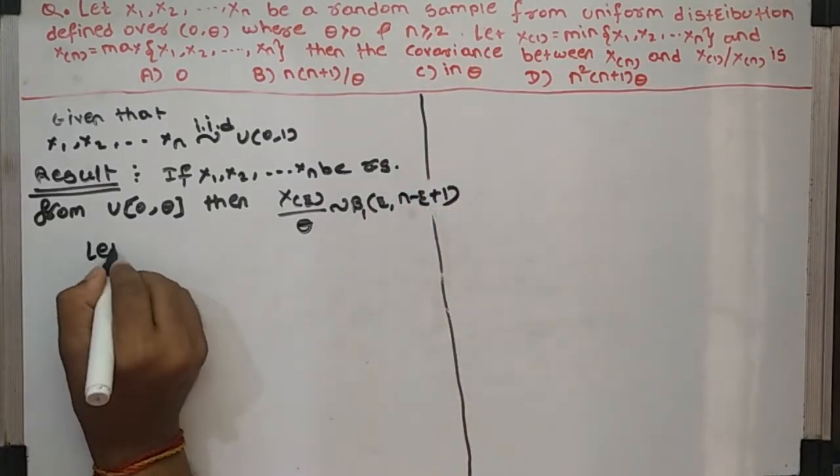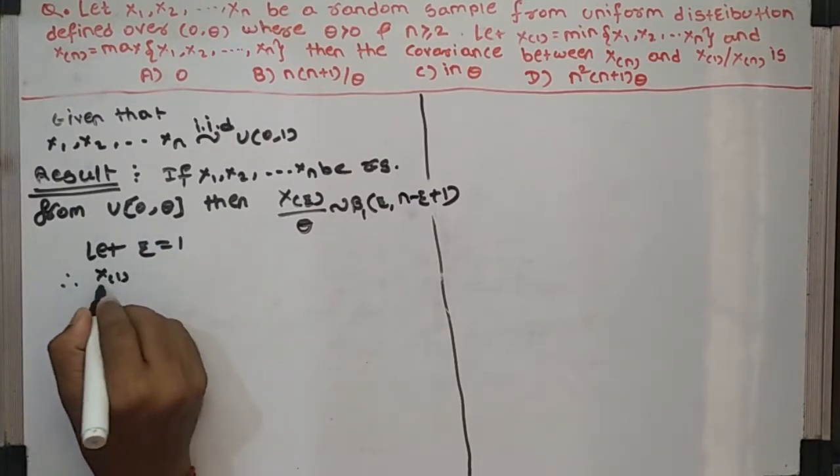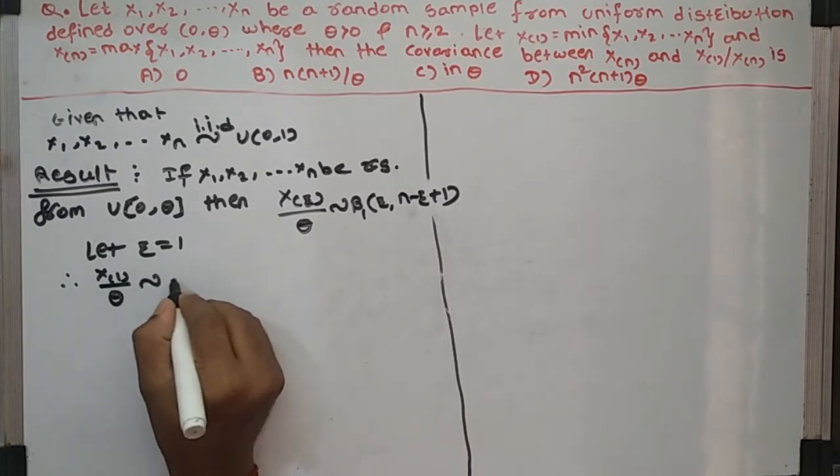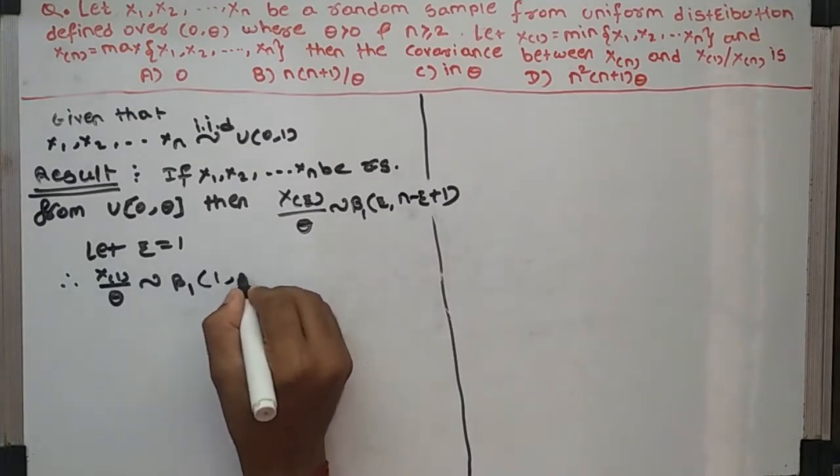Let r equal 1. Therefore, X(1) upon θ follows a beta distribution of the first kind with parameters 1, n.